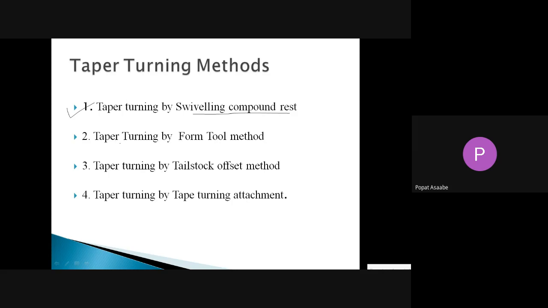The second method is taper turning by the form tool method. The third method is taper turning by the tailstock offset method. And the last method is the taper turning attachment, with the help of which we can perform the taper turning operation on the lathe machine. These are the 4 methods we can use for making a taper on the lathe machine.